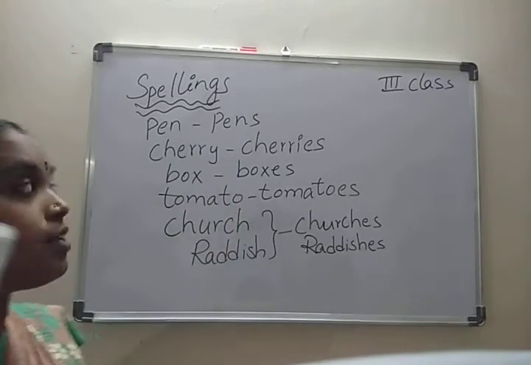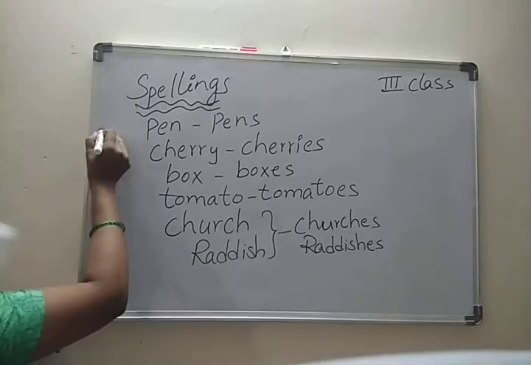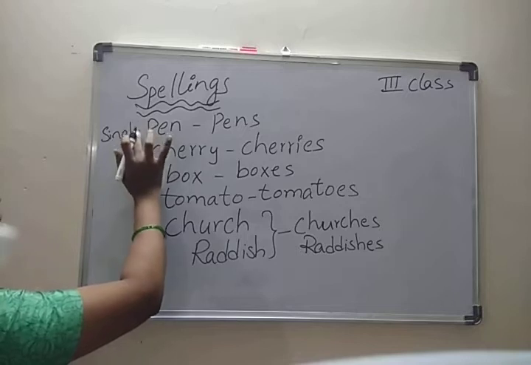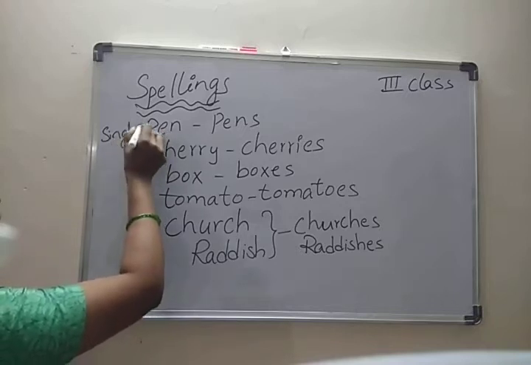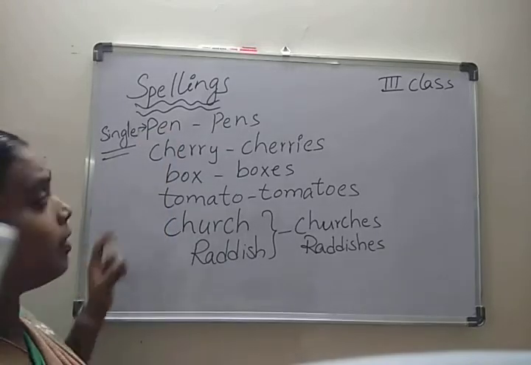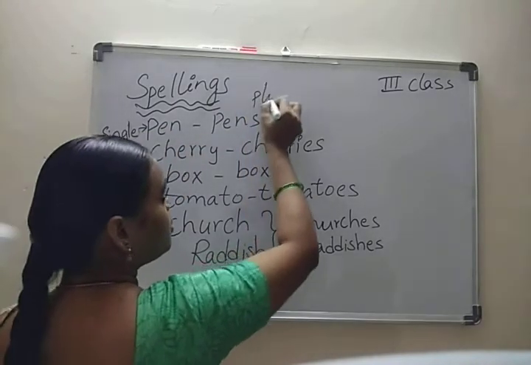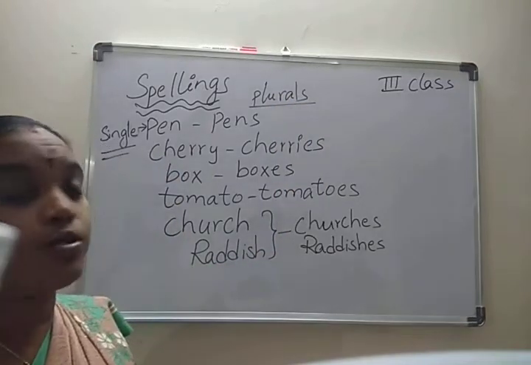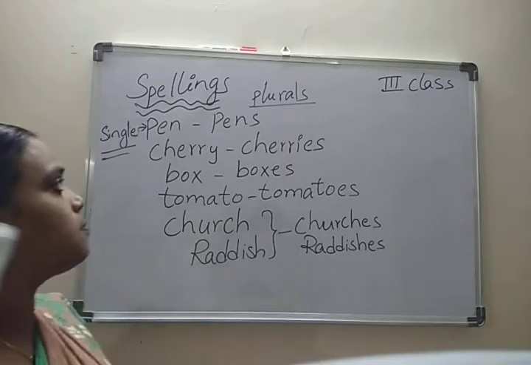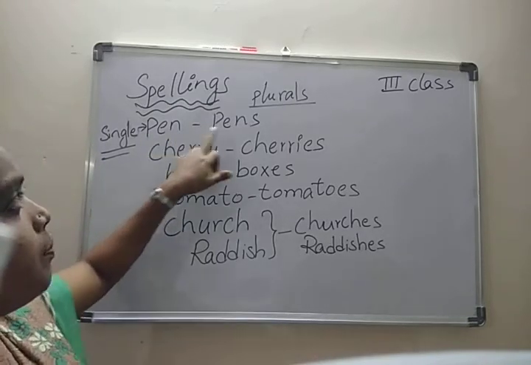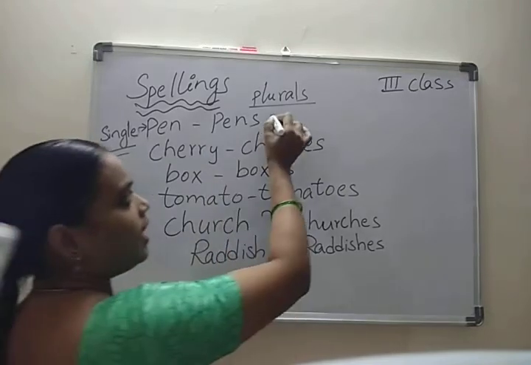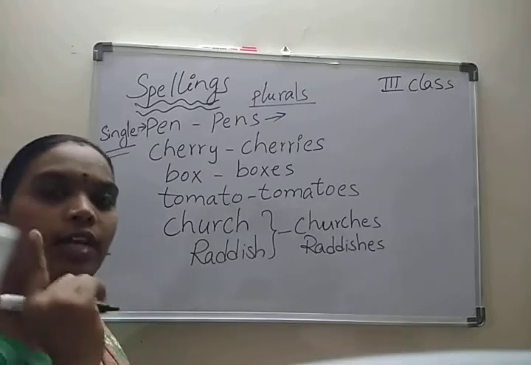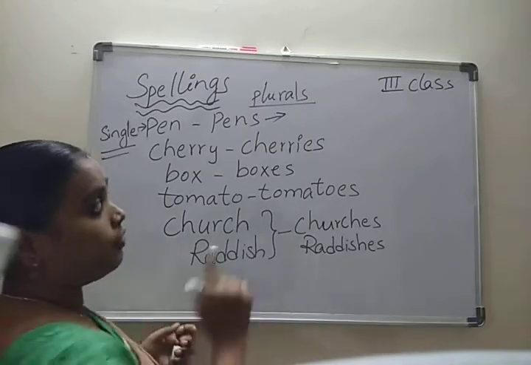So these are the spellings, children, whenever the word is singular. We write only the singular form, like pen. But whenever we change that word into plural, we have to change some spellings. Pen, here pens. Nothing is changed, only S is added. Whenever we take one word, add only S. That is the rule.